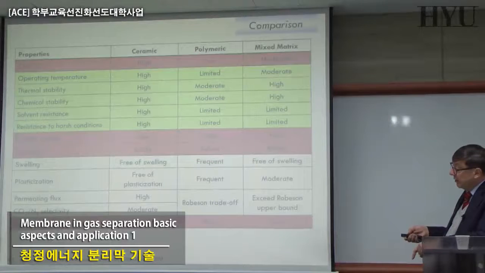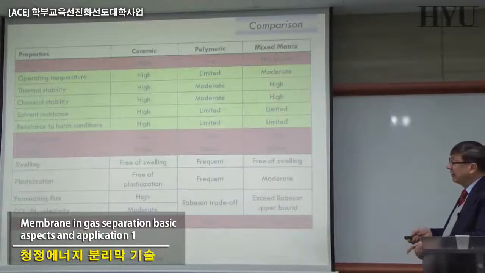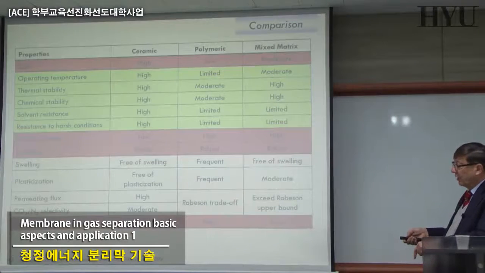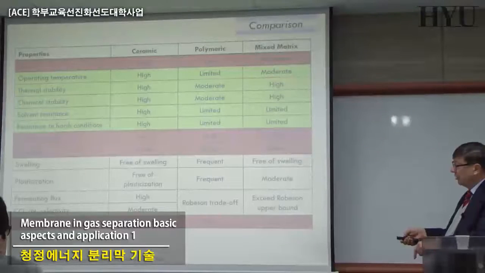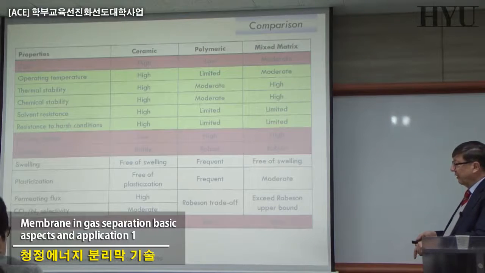And in the case of the ceramic, the permeating flux or the CO2/nitrogen selectivity is moderate compared to what you can eventually have with mixed matrix.